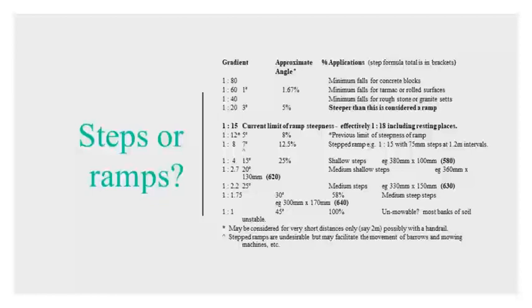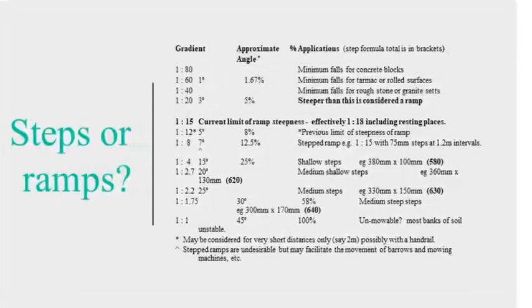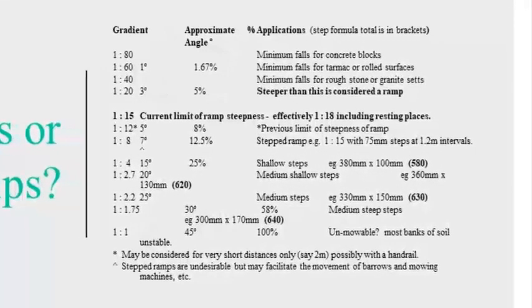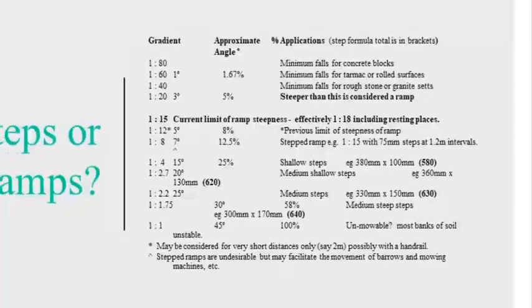On the screen are shown examples of external slopes at 15, 20, 25 and 30 degrees. For each angle, a suggested step riser dimension is quoted so that the suggested step dimensions meet the formula of 2r plus g equals 550 to 700 millimeters.